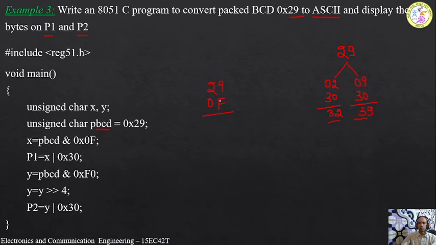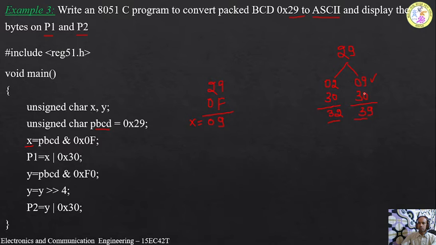So when you do the AND operation, I told you any number ANDed with 0, the output is 0. Any number ANDed with F, the same number you are going to get. So what do you get? 09 you are going to get. So I want 09 first. The result will be stored in variable x, and that value will be taken and ORed with 30.